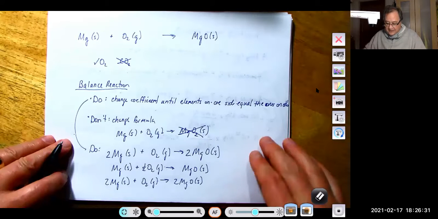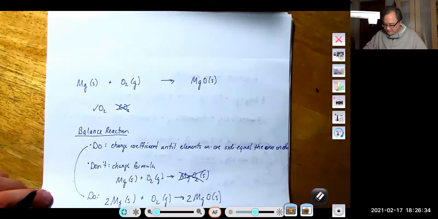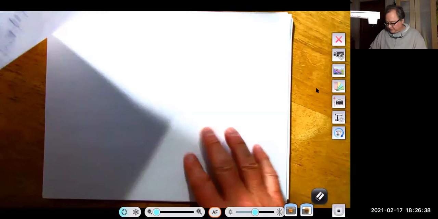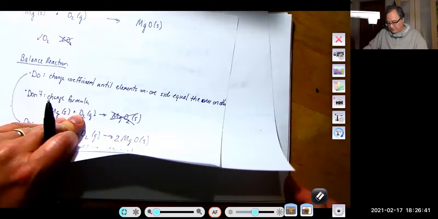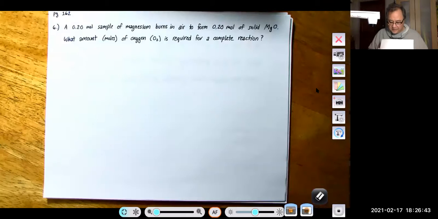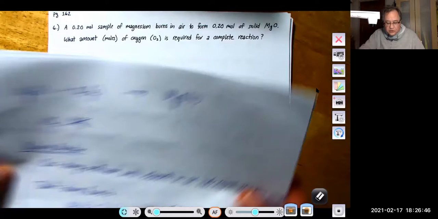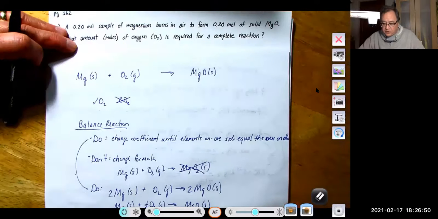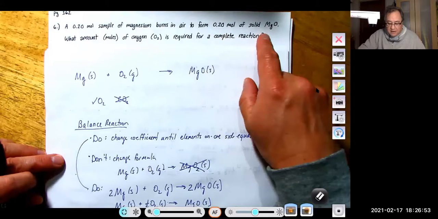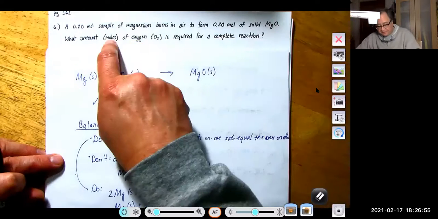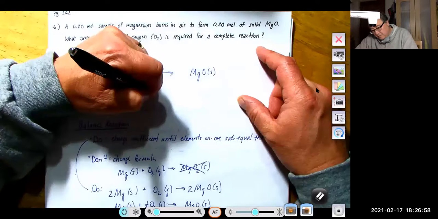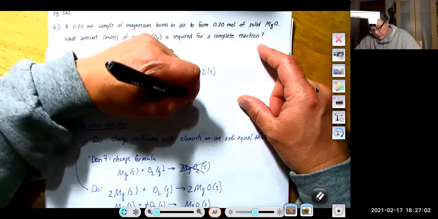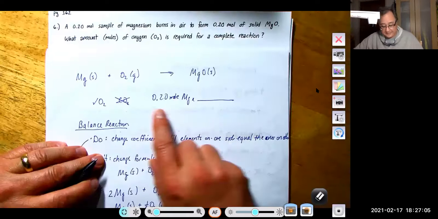And then lastly, they asked us in this problem, where is that problem? Oh, it's hidden beneath all my paper. A 0.2 mole sample of magnesium burns in air to form 0.2 mole of solid MgO. What amount of oxygen moles is required? So this is what the problem is going to look like.